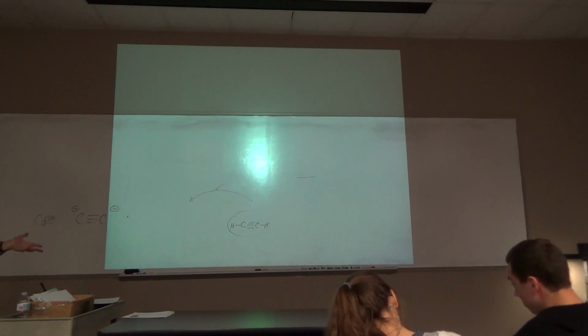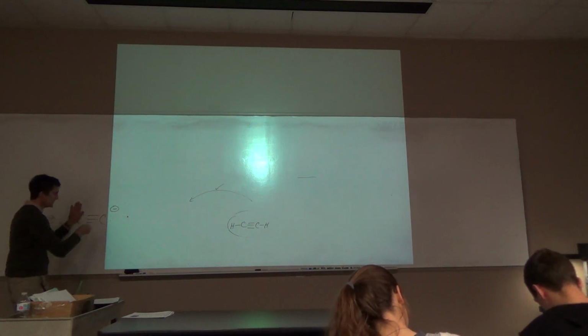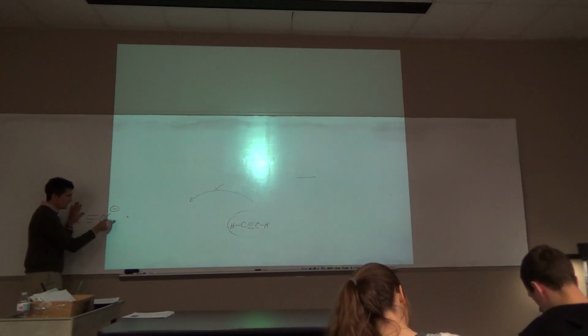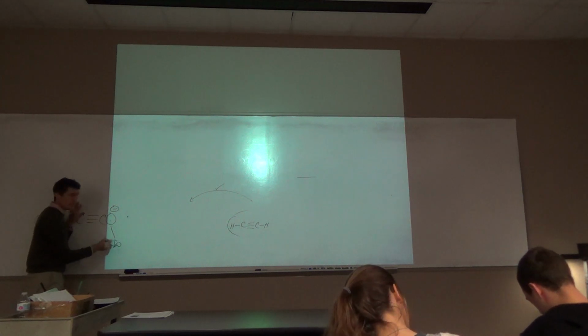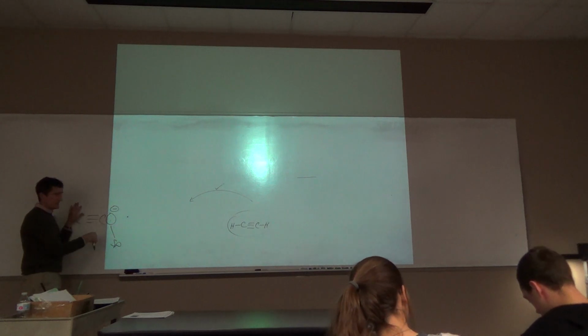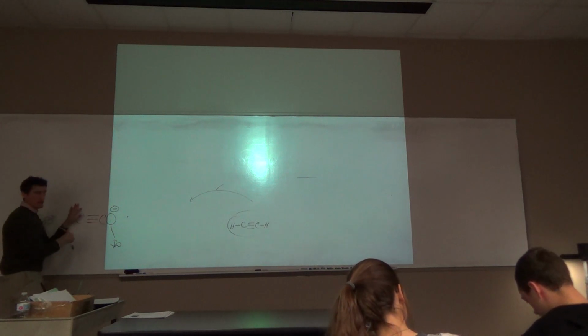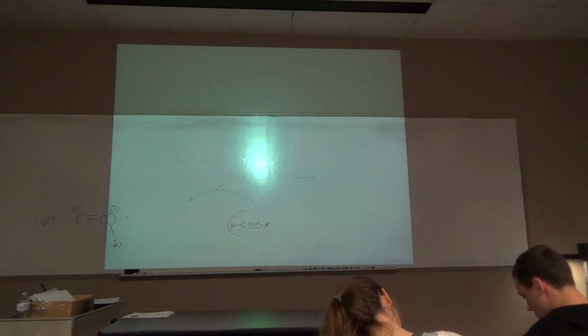Alkenes typically are not deprotonated. They're not acidic enough. Remember the hybridization effect. The reason that this is somewhat stable is because these electrons are in what type of orbital? sp, 50% s. Okay? Alkenes are not that acidic, and of course your alkanes are some of the least acidic compounds around.